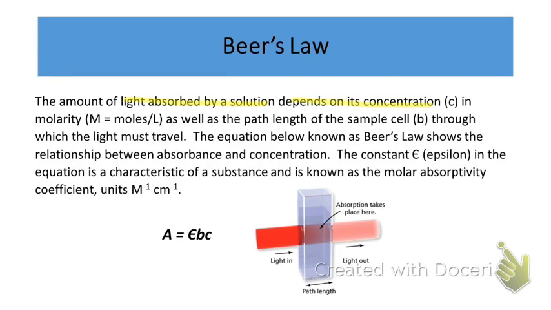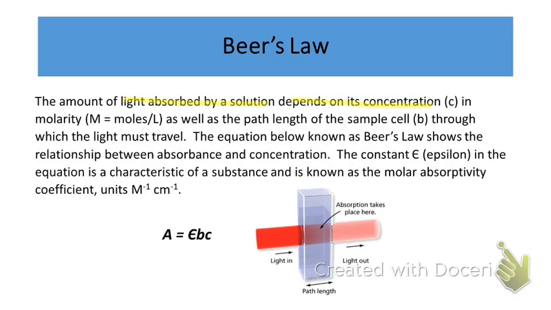The higher the concentration, the more light that is being absorbed. So we know that absorption of light is proportional to the concentration, and that's essentially what Beer's law is stating.